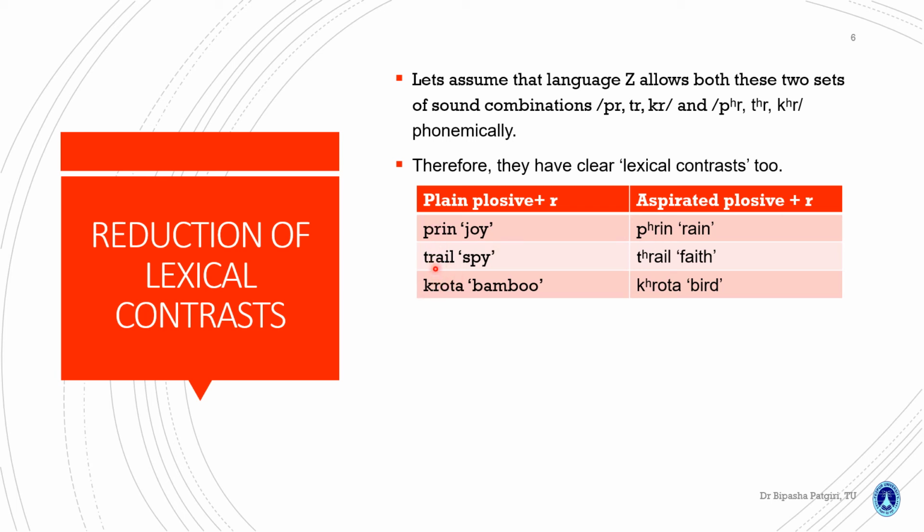In these three words you see pra, tra, kra have appeared in the word-initial onset position. Similarly, aspirated plosive plus ra gives you frin, thrial and khrota. So you have prin and frin as minimal pairs, making pra and fra phonemically distinctive. So let's say language Z has these two sets of words with plain plosive plus ra and aspirated plosive plus ra.